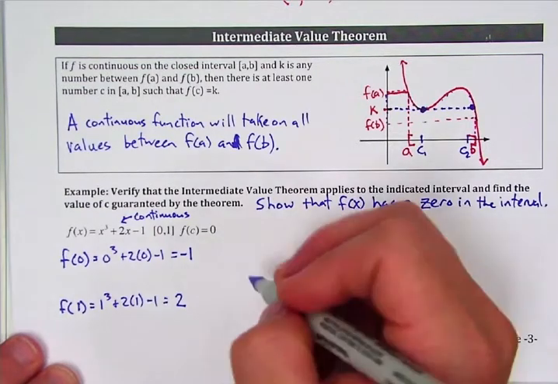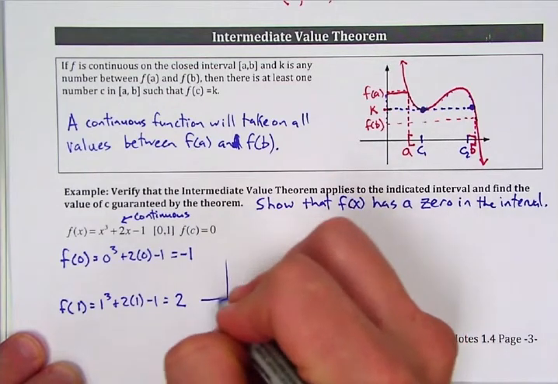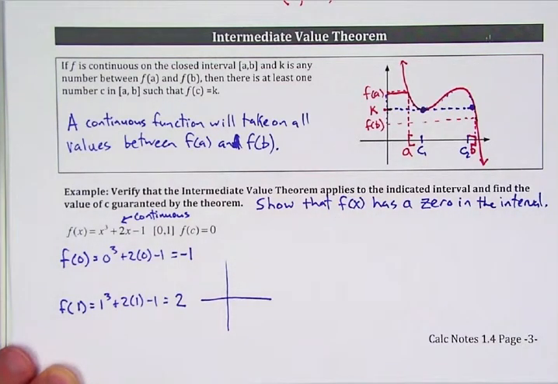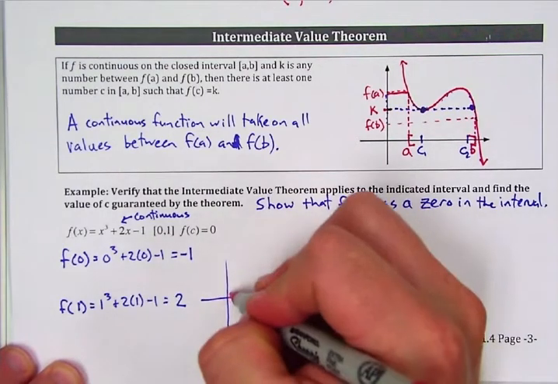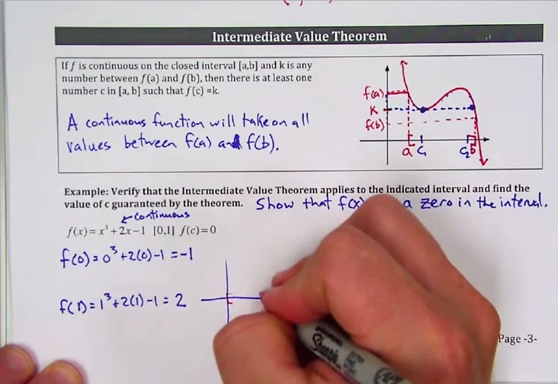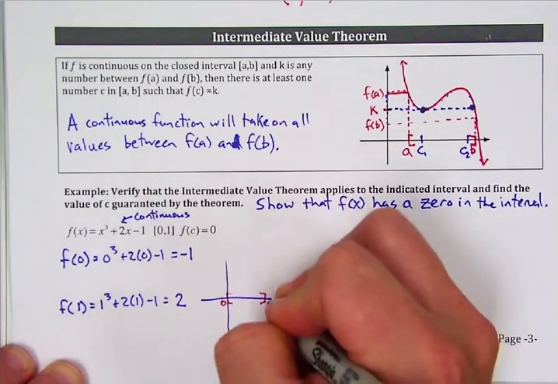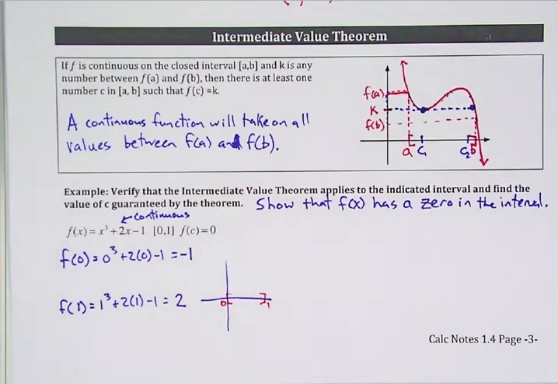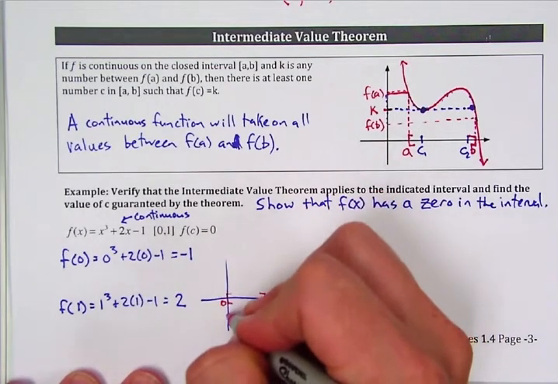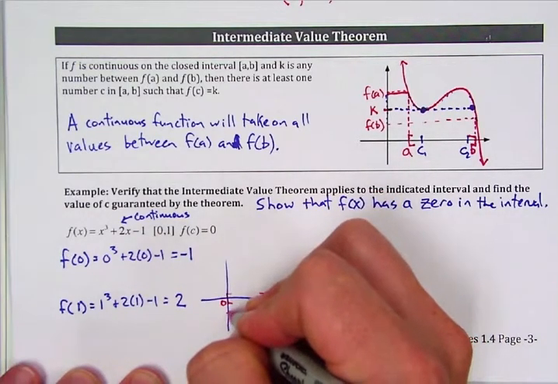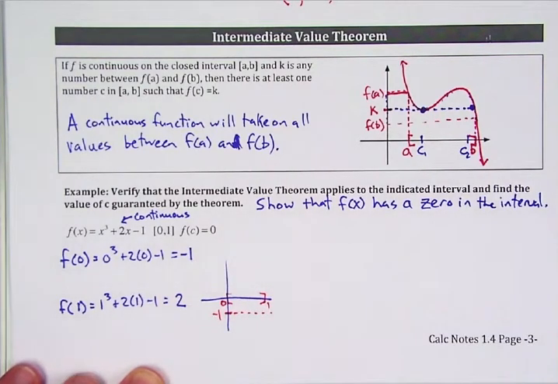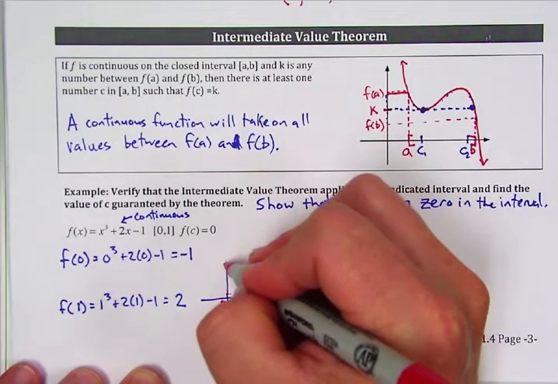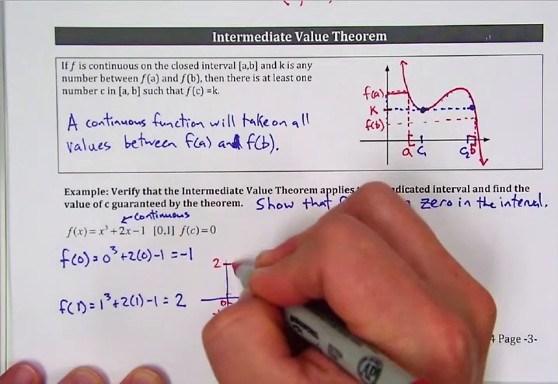So graphically, let's just see what happens here. So here's our interval going from 0 to 1. And it's saying that this function is continuous, and it goes from -1 right here all the way up to 2 up here.